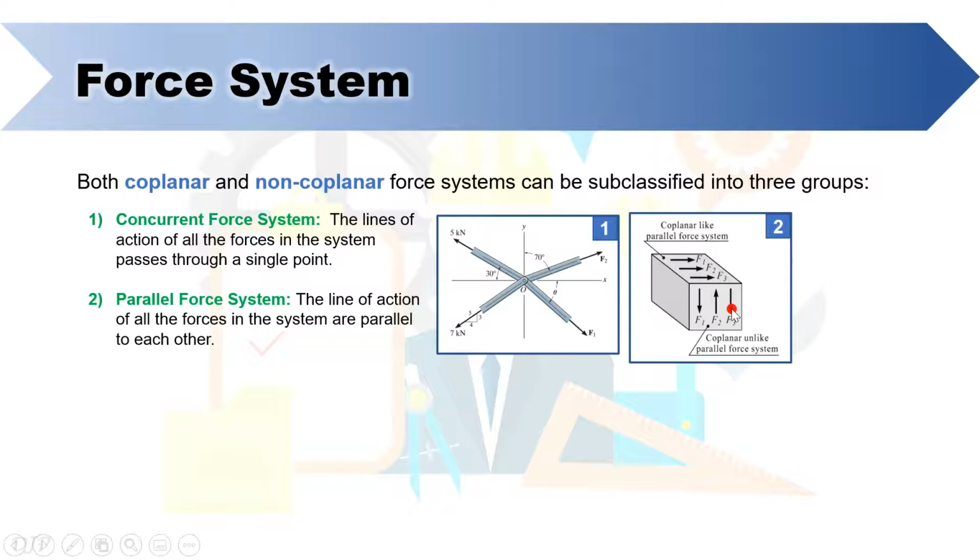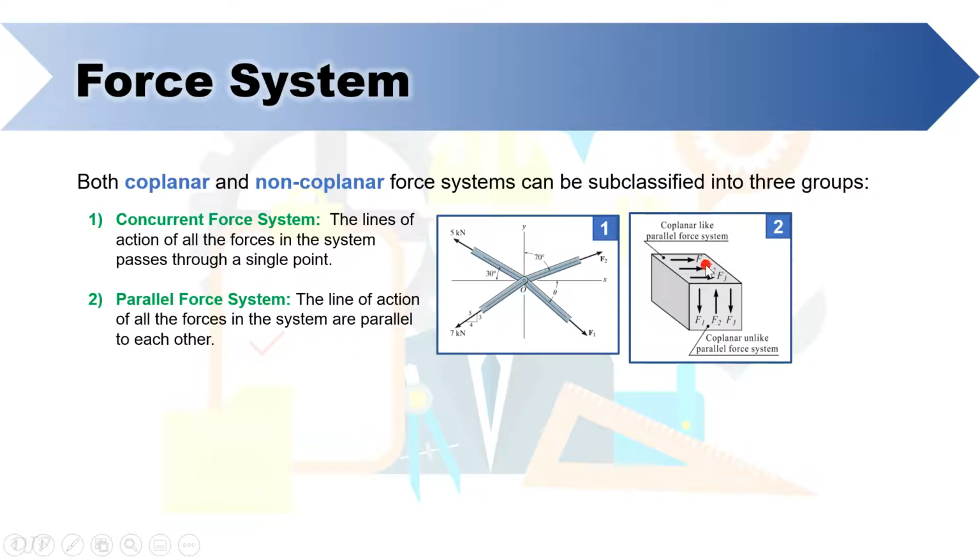Additionally, the parallel force system is further divided into like and unlike parallel. In this case, although they are parallel, their directions are not all the same, as indicated by their arrowheads. Thus, as a group, they are considered a coplanar, unlike parallel force system.